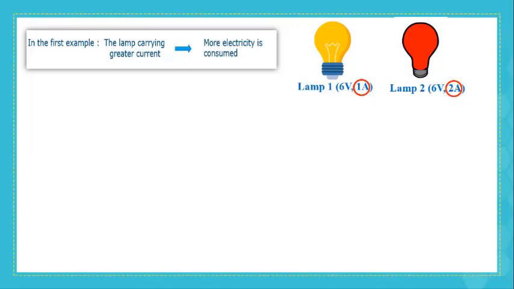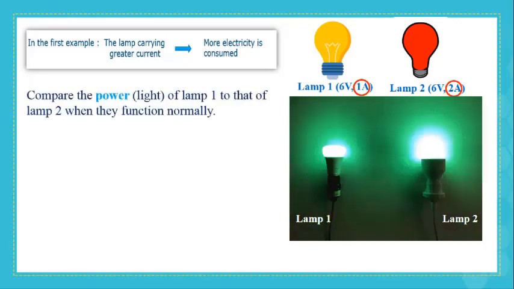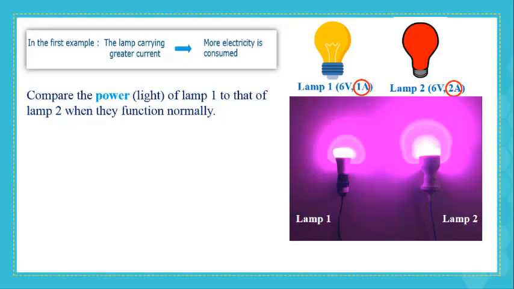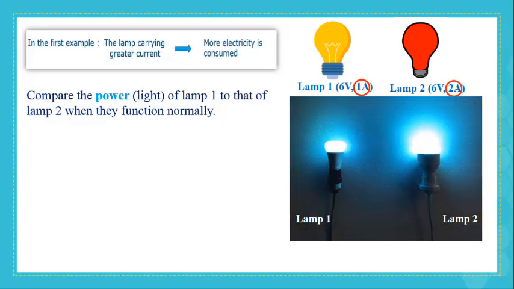Let's go back to the first example where we concluded that the lamp carrying more current consumes more electricity. The two lamps 1 and 2 are turned on. They are functioning normally. Compare the power of lamp 1 to that of lamp 2. As you see, lamp 1 is glowing less than lamp 2.